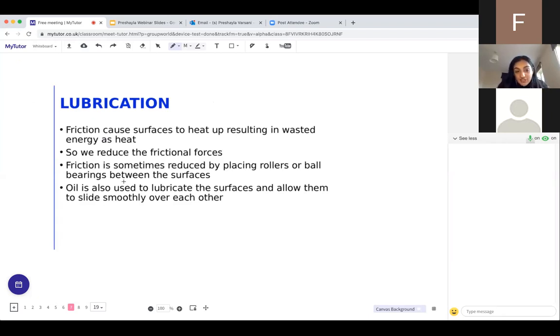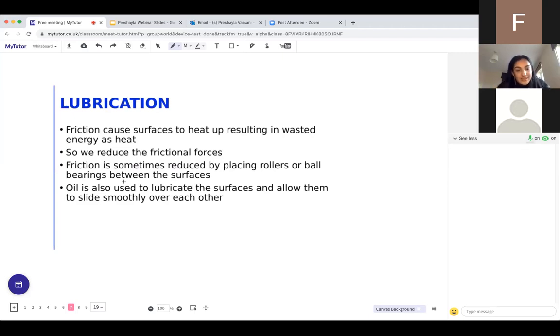As you know, friction between two surfaces can cause heat. For example, a car driving along a road, there's going to be friction between the wheels and the road, and therefore heat. Any two surfaces that come into contact and rub against each other heat up. Okay, and that energy is wasted as heat.